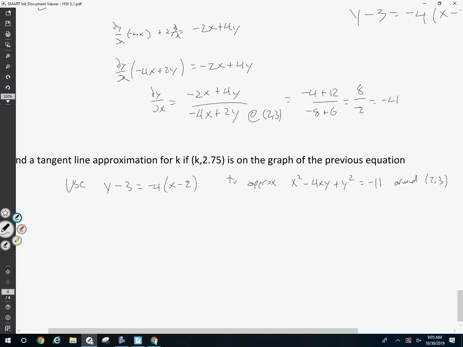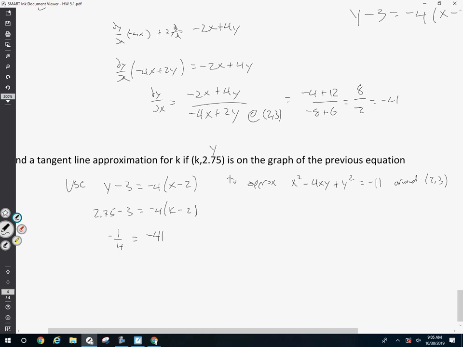Now understand that this is a y coordinate, so plug in 2.75 for that y coordinate and I will be solving for x. Or really, you could plug in k. I didn't do this in the previous one, but you could have. This is negative 0.25, so negative 1/4.